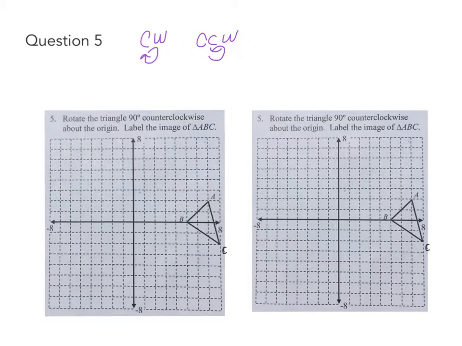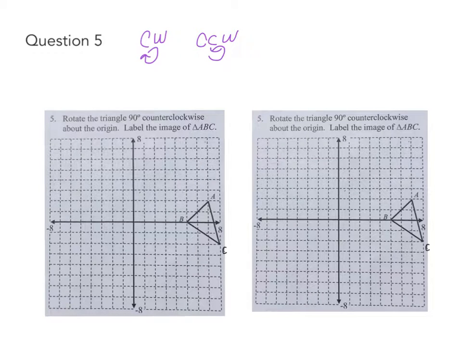So the method I'm going to show you is easiest to do for a 90 or a 180 or a 270 degree rotation. What we're going to actually do is rotate the paper instead of trying to complete the rotation. Because you don't have 2 copies of your problem, you'll need to write down the coordinates, probably one at a time.